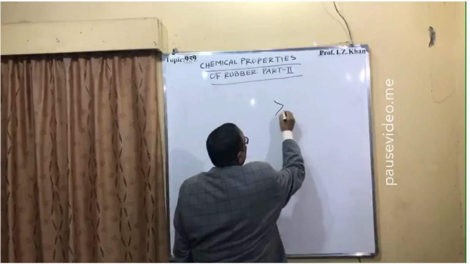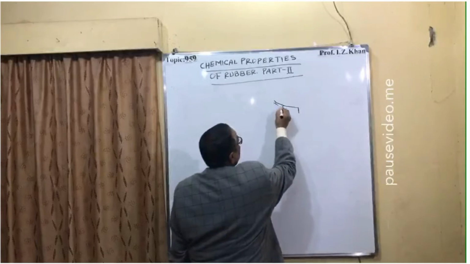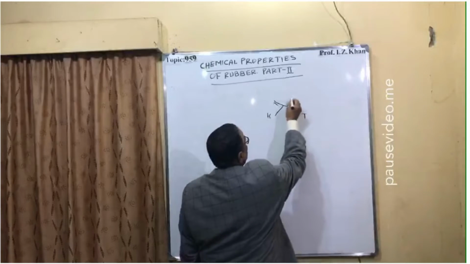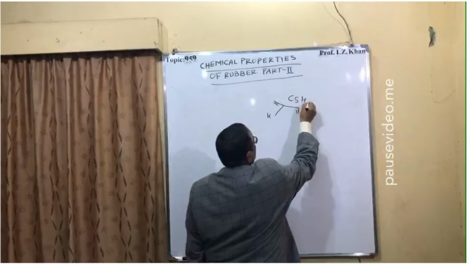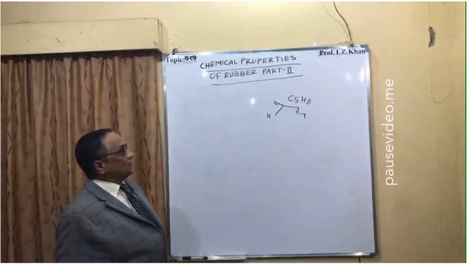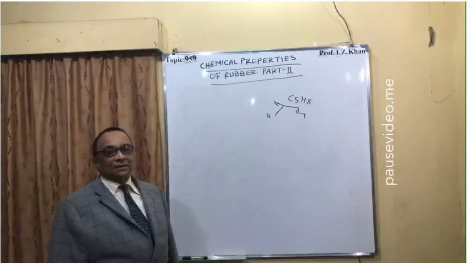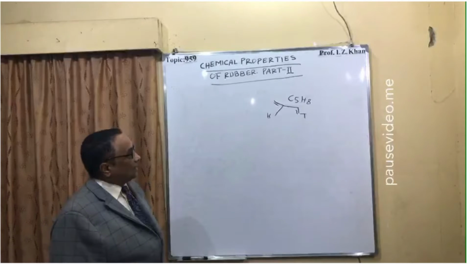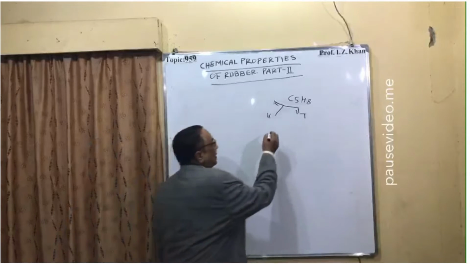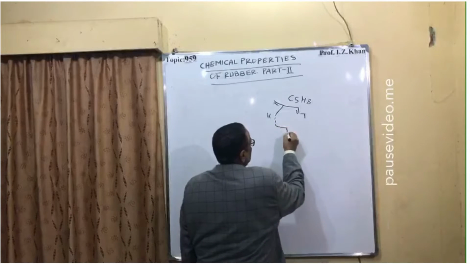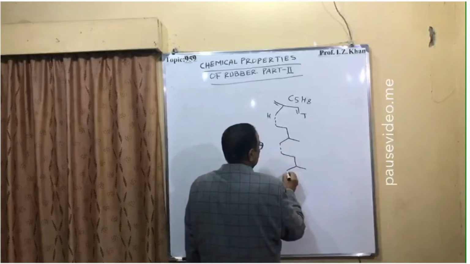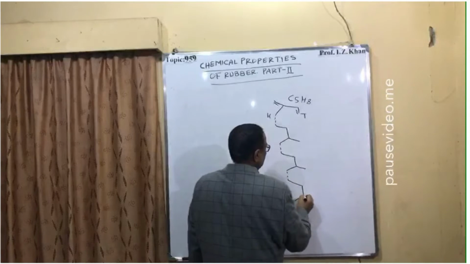This is one isoprene unit, and this is your head and this is your tail. So this is C5H8. At that time there was a lot of discussion and a lot of reactions were done to prove that this C5H8 monomer is joined in head and tail fashion, meaning one tail, then head, then again tail, then head, like that.